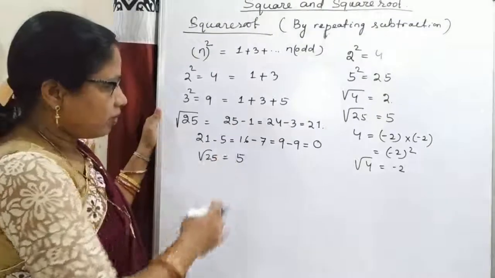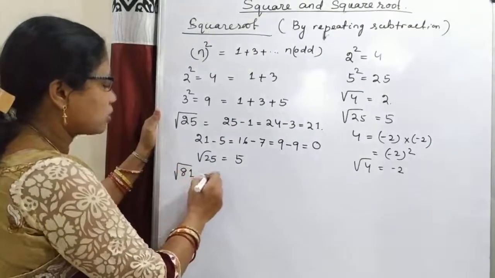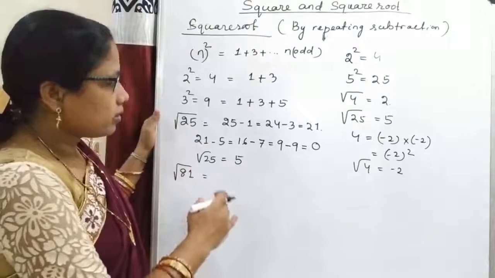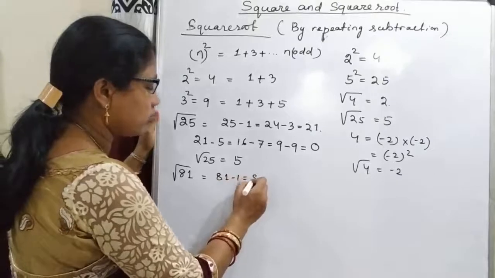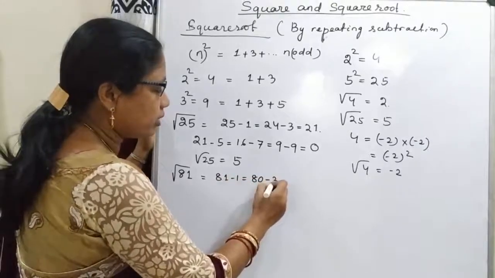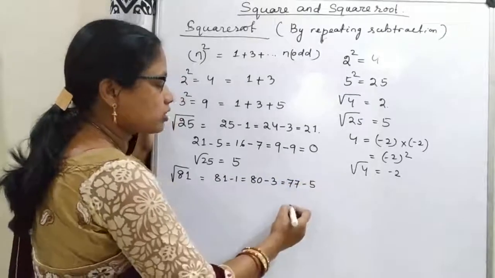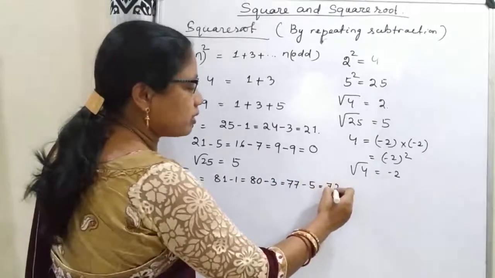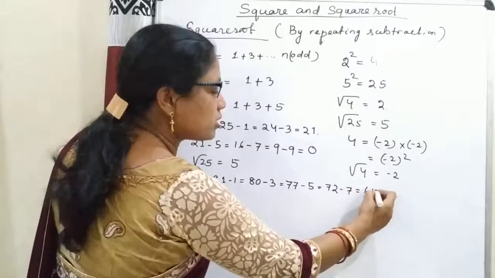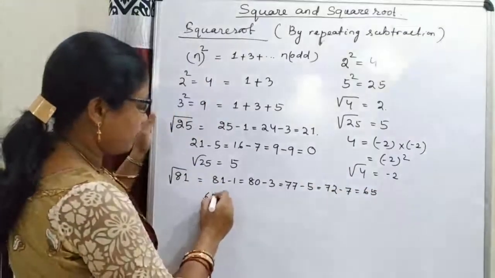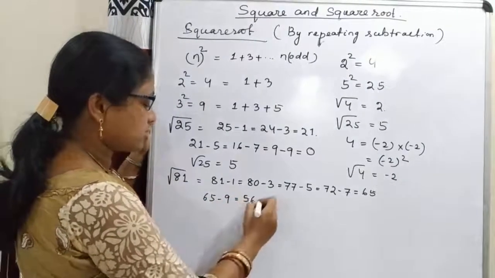So let us try for 81. Square root of 81. We have to subtract repeatedly. 81 minus 1 is equal to 80. Then minus 3 is equal to 77. Then minus 5 is equal to 72. Then minus 7 is equal to 65. Then 65 minus 9 is equal to 56.